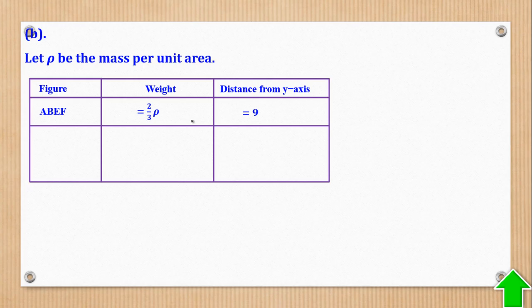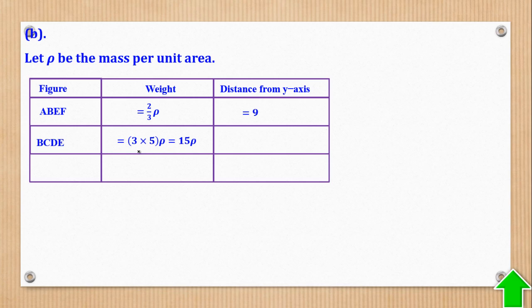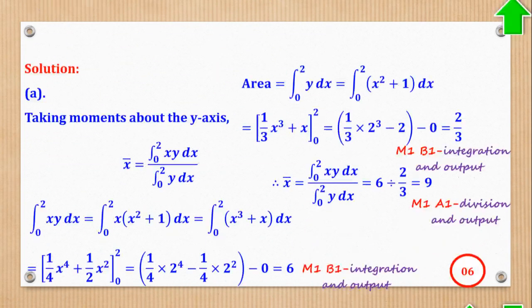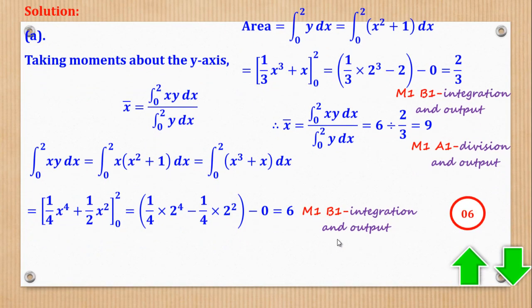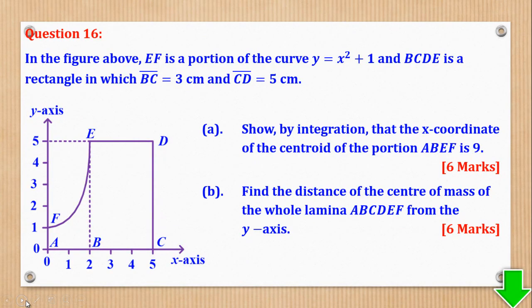Then the distance from the y-axis, we already saw the x-coordinate was 9. Then figure BCDE is a rectangle, so the weight is area times rho to give you that. And the distance from the y-axis will be 2 plus 3/2, so let's see where it's coming from. So this is the y-axis.